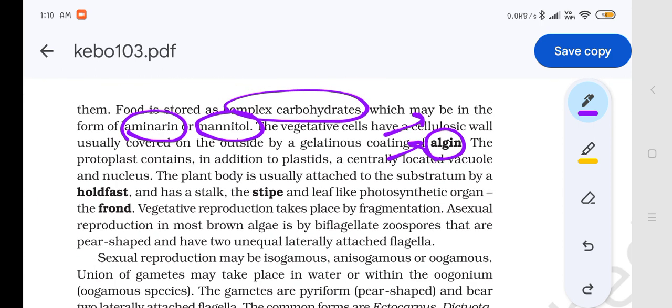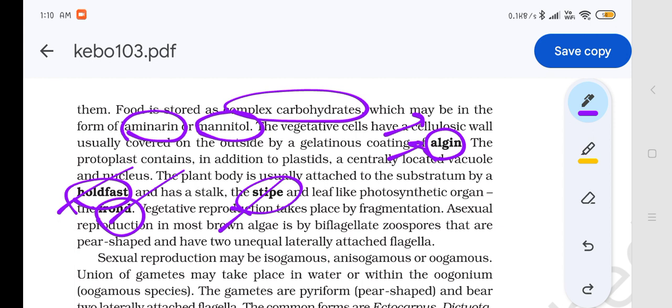The protoplast contains, in addition to plastids, a centrally located vacuole and nucleus. The plant body is usually attached to the substratum by a holdfast, a stalk called the stipe, and a leaf-like photosynthetic organ known as the frond. The holdfast is like roots, the stipe like a stem, and the frond like leaves.